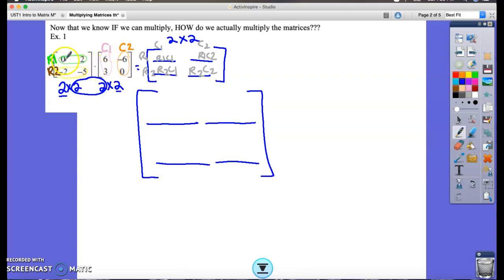If you notice, one has 2 entries and the other has 2 entries, which is why it's really important that these match so everybody has somebody to pair up with. So I'm going to take 0 and pair it with 6. And I'm going to take 2 and pair it with 3.